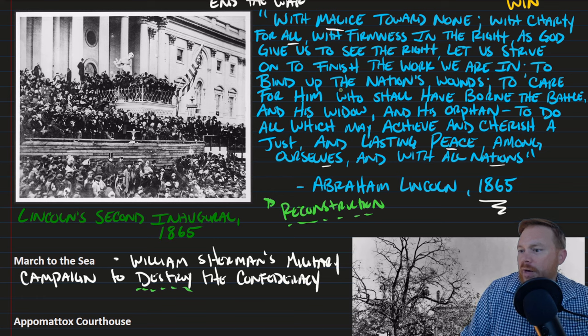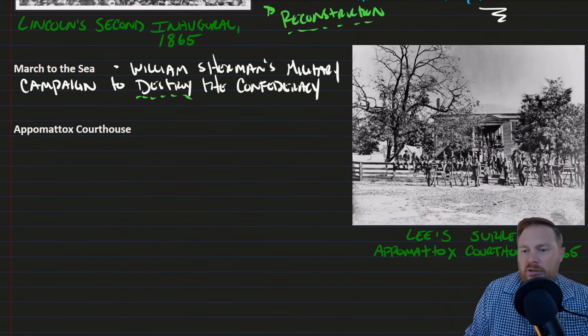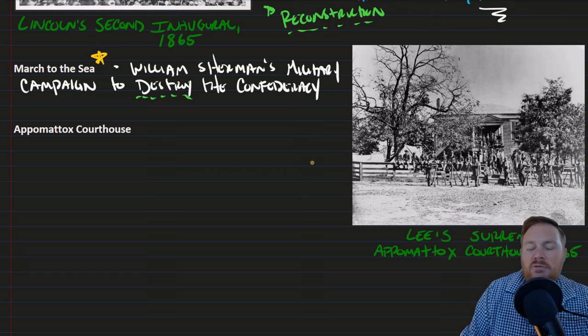Here it is, to bind up the nation's wounds, meaning that Reconstruction, yes, there's a physical rebuilding aspect to it, but it's also about rebuilding the relationship. But in terms of the damage to infrastructure and the physical damage inflicted upon the Confederacy, much of it came in 1864 and 1865 from this March to the Sea.